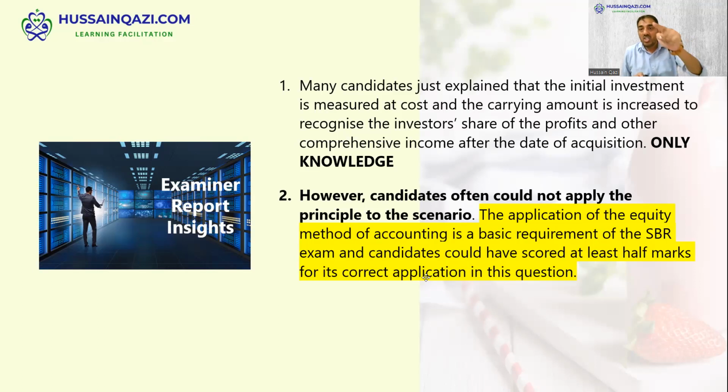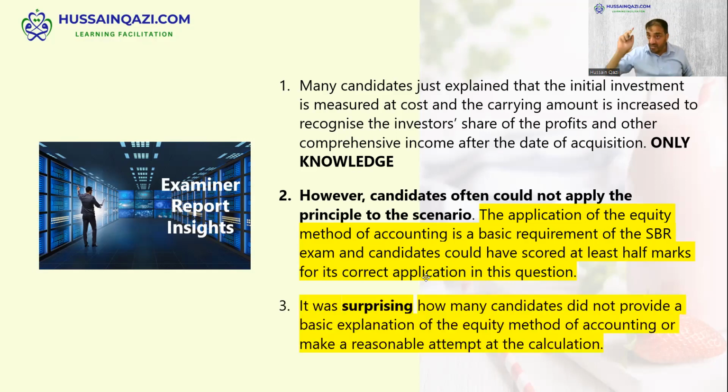The second point is that knowledge is not enough to pass SBR. You need the ability to connect the knowledge with the case, that's called application. It was surprising how many candidates did not provide a basic explanation of the equity method of accounting or make a reasonable attempt at the calculation.